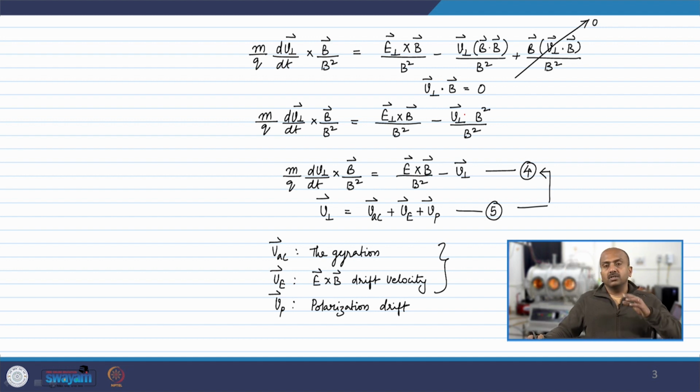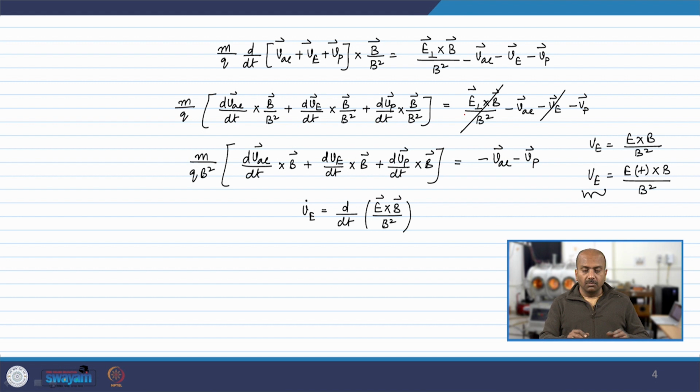These three things are combinedly written in these three velocities. The first represents the gyration of the particle around the guiding center, the second is the E cross B drift velocity, which is just a combination of E and B, and the third is an additional component of velocity which comes into the picture just because the electric field is time dependent. Then we did some simple algebra and removed all the terms which are equal to each other on the right hand side.